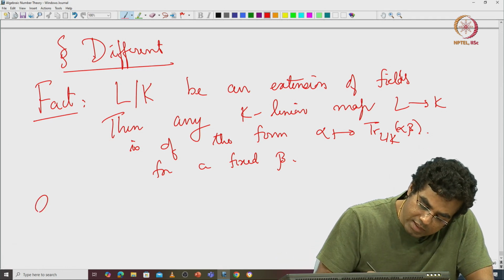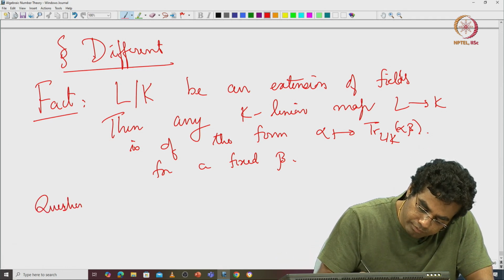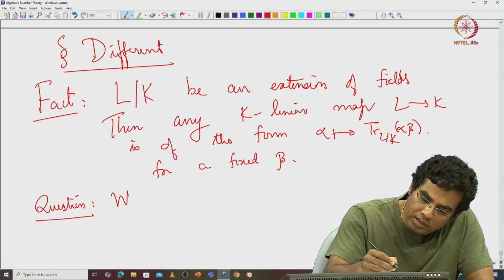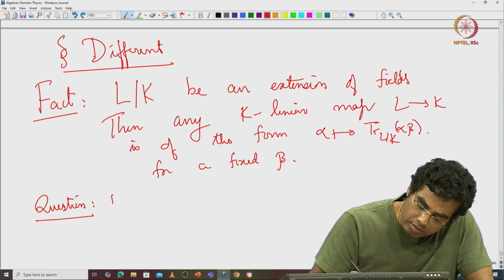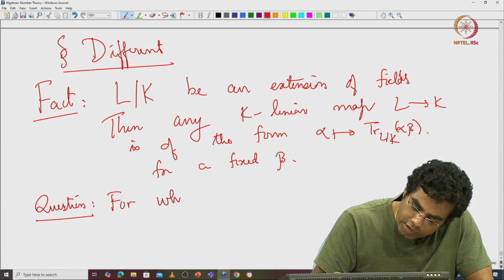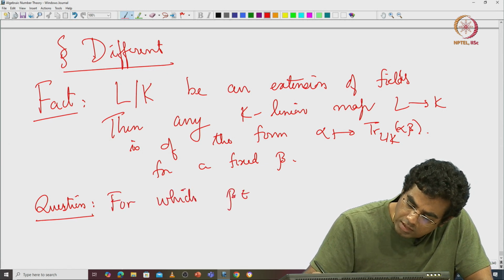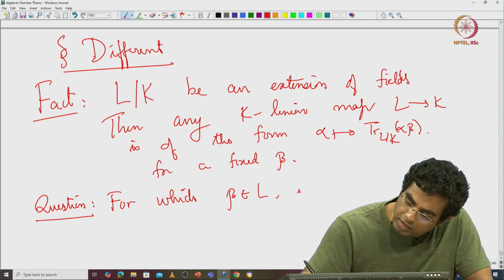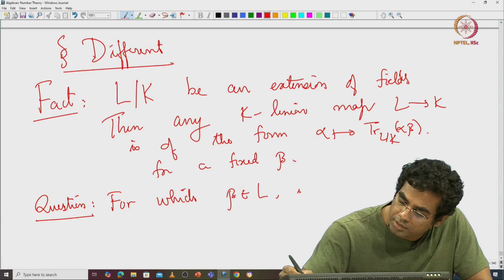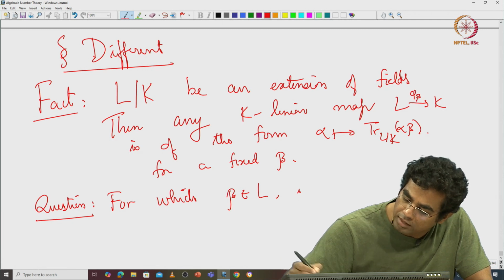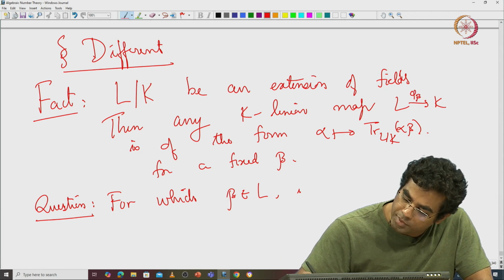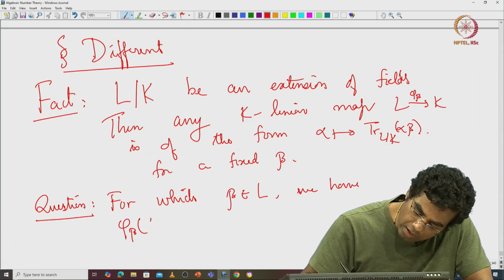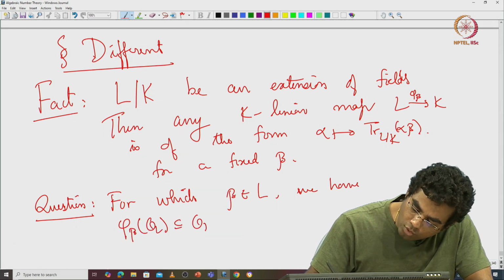So, you can ask a natural question: for which betas in L is it true, let me call this map phi sub beta, that phi sub beta of OL is contained in OK?